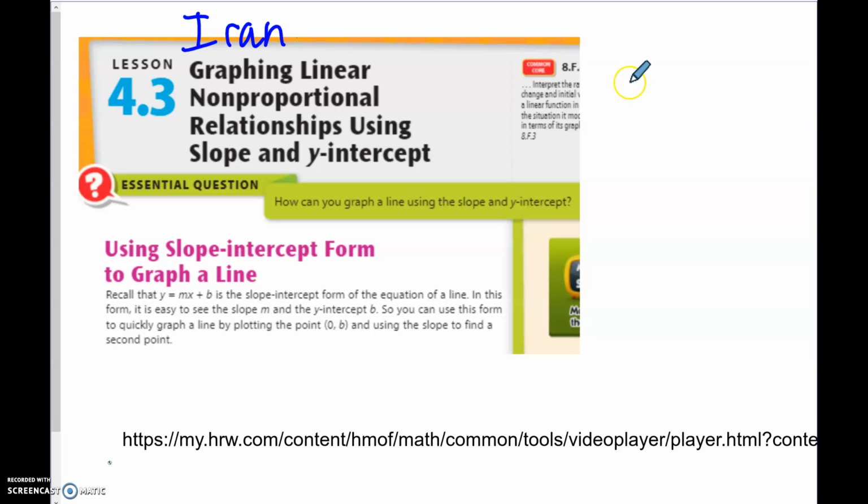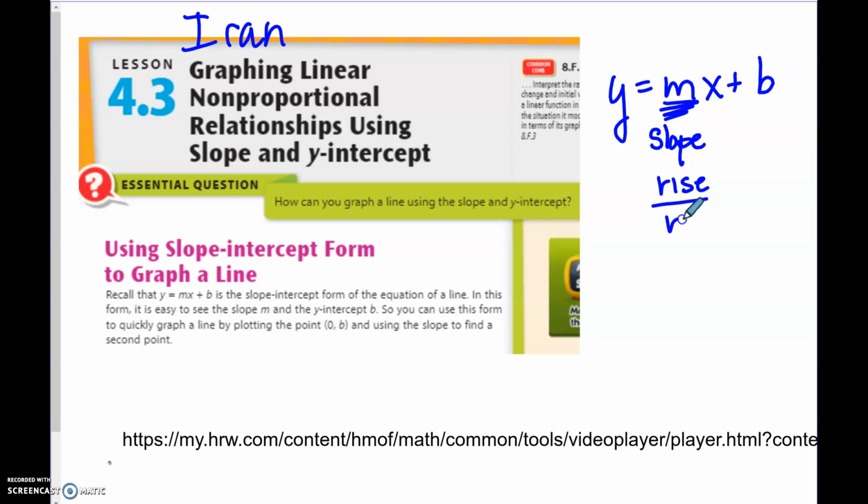So we have been using this equation y equals mx plus b. In here, this m stands for slope, and we know that slope is a ratio of rise over run.